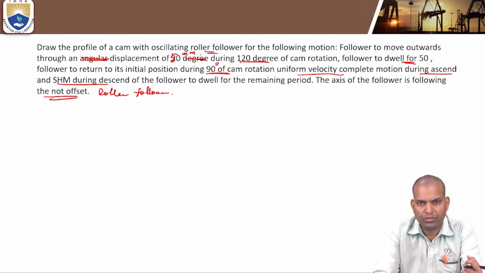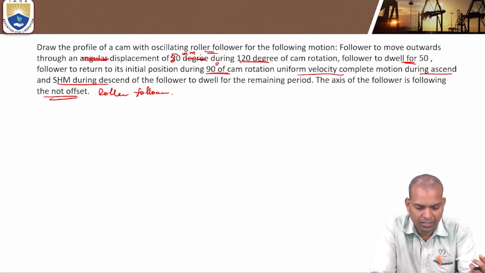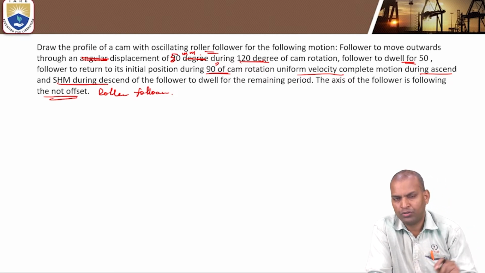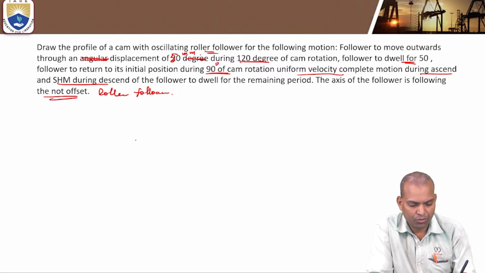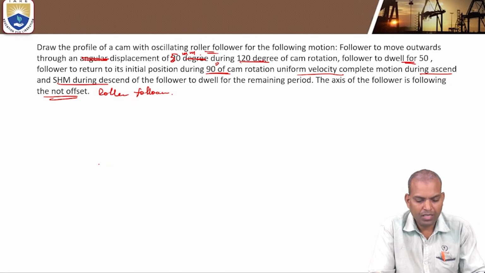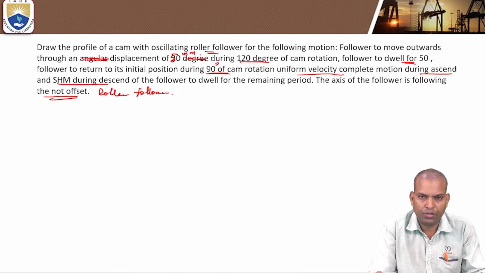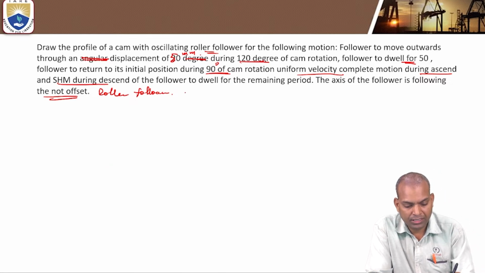So we have to follow the same displacement diagram, but how to draw the cam profile with that displacement diagram? The data is same, so we follow the same displacement diagram. You redraw it, and let us follow how to begin the cam profile with this roller follower. Now here they did not give you one thing, the minimum radius of the cam.